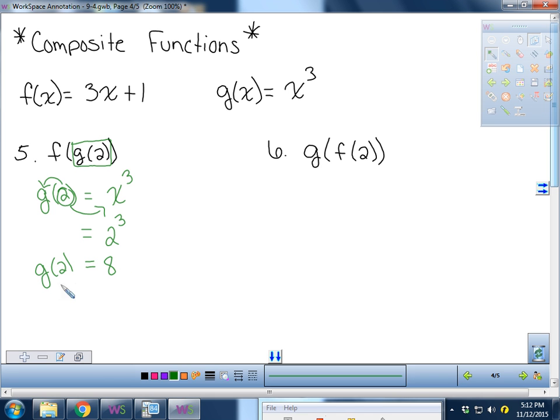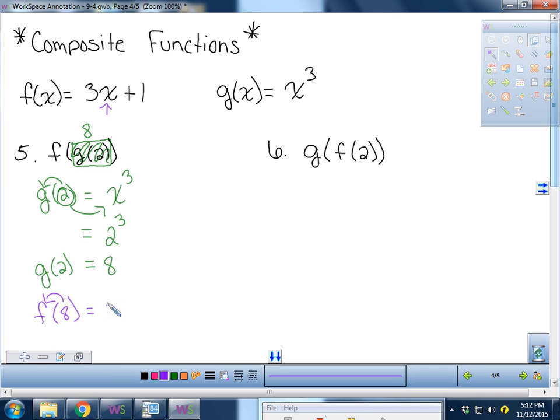If something is the same thing, that means I can replace it. So instead of saying g of 2, I'm just going to replace that with an 8. Now instead of f of g of 2, I have f of 8. So now I have to figure out what f of 8 is. I've got to plug 8 into the f function for this x right here.